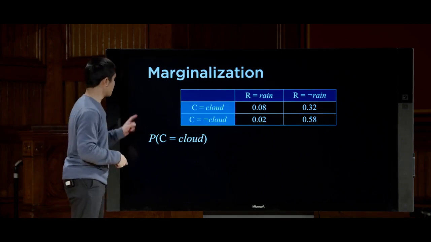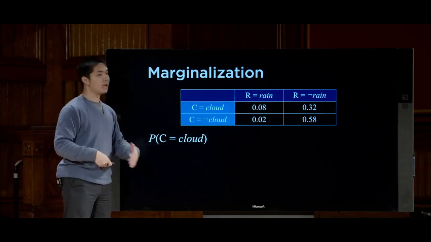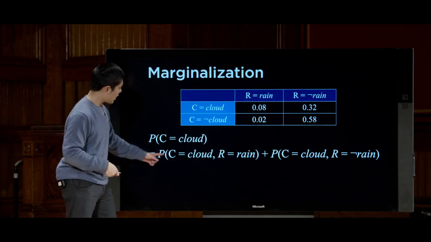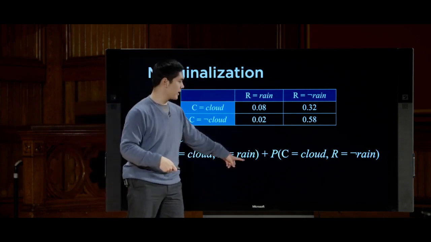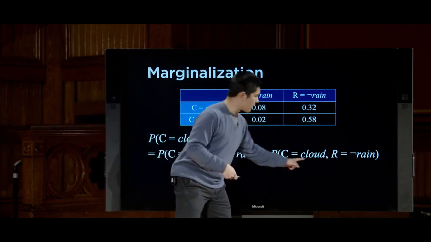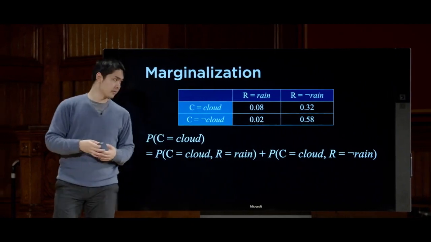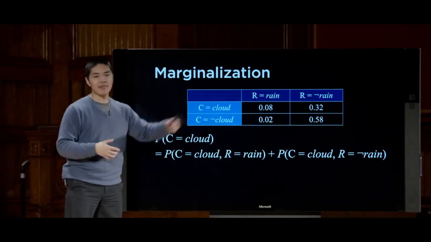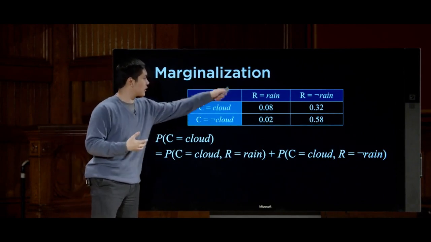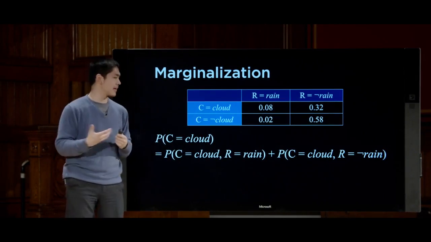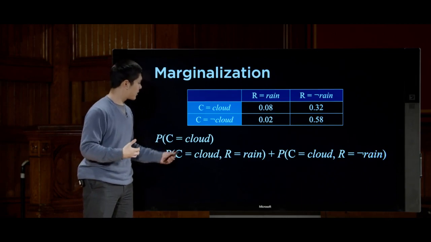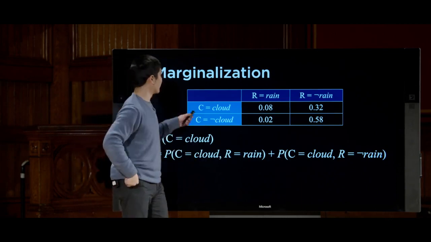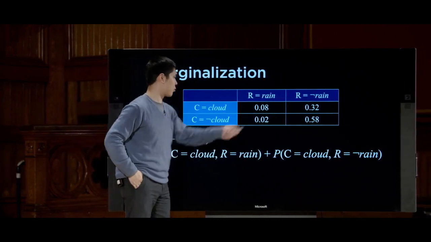In other words, the probability that it is cloudy is equal to the sum of the probability that it's cloudy and it's rainy, and the probability that it's cloudy and it is not raining. And so these now are values that I have access to. These are values that are just inside of this joint probability table. What is the probability that it is both cloudy and rainy? Well, it's just the intersection of these two here, which is 0.08.